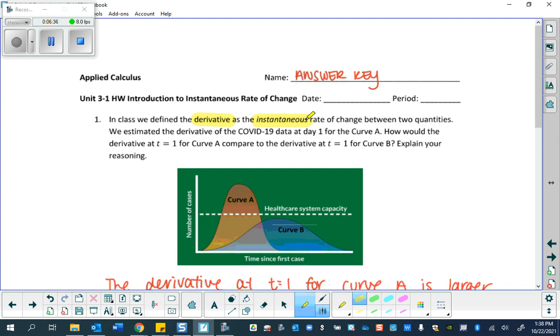So when we talk about our average rate of change, y'all, that's the same as the slope. So when we talk about y2 minus y1 compared to x2 minus x1, if we had a situation that was linear, the average rate of change is the same throughout.